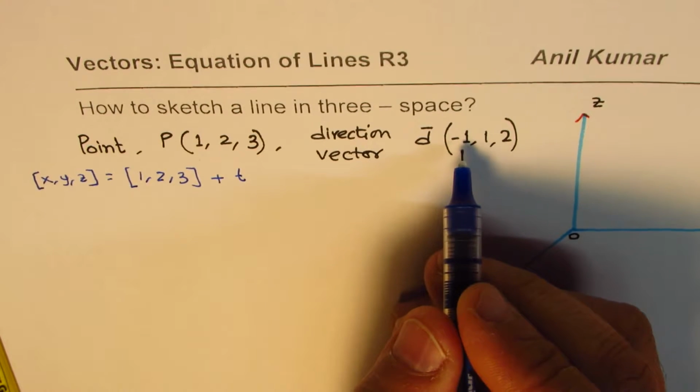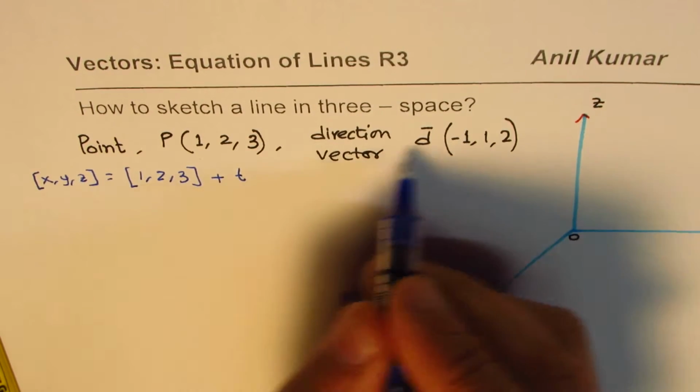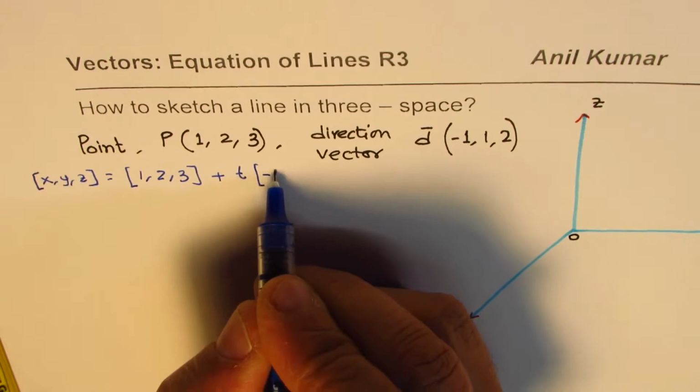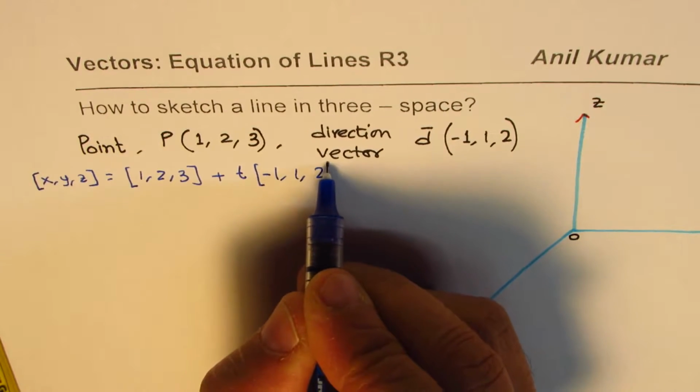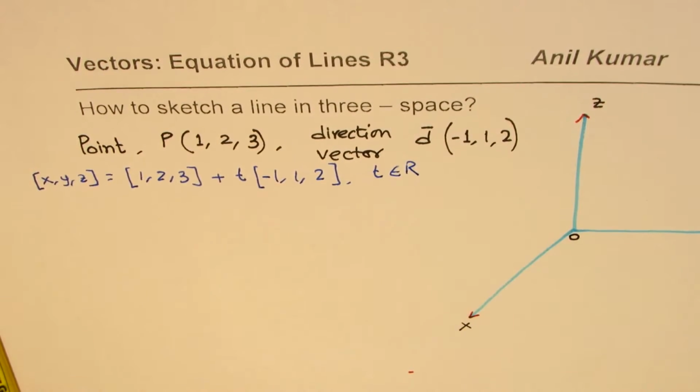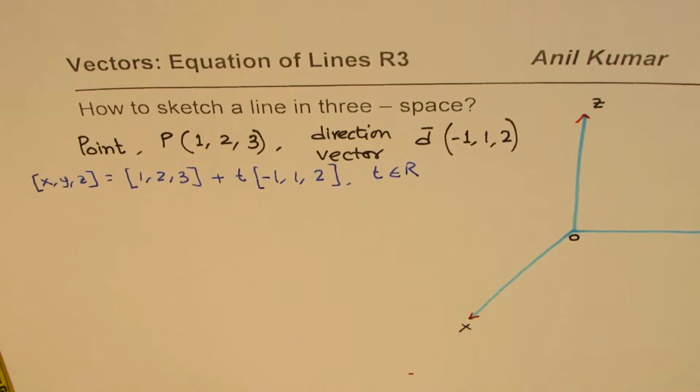So when they are in this direction, we just say scalar multiple. So this T is the scalar multiple of the direction. Does it make sense to you? So simple as that, where T belongs to the set of real numbers. Done. So that is how you get the equation, and this equation is the vector equation, right?